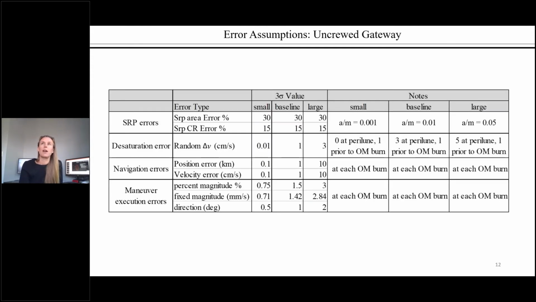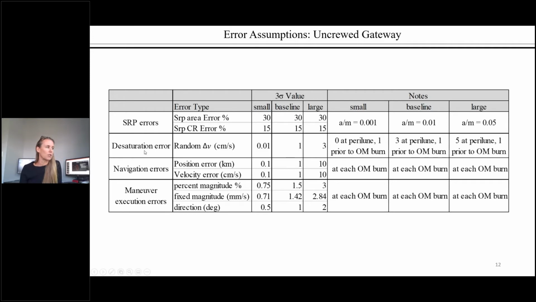So we have to consider operational errors when we're doing analysis on this spacecraft. For what I'm showing today, I'm only looking at a simple case of an uncrewed gateway. Now, in actuality, we expect to have objects coming and going, docking and undocking, crew coming to visit. But right now, we're just going to look at 15 years of a quiet spacecraft in an NRHO. So we have a set of baseline errors that we consider.